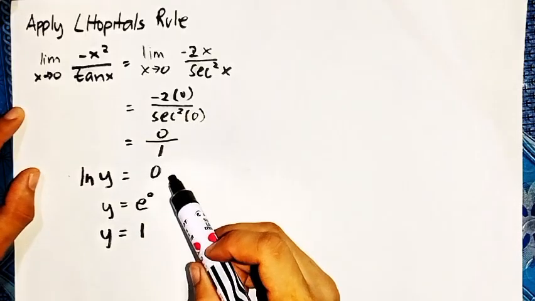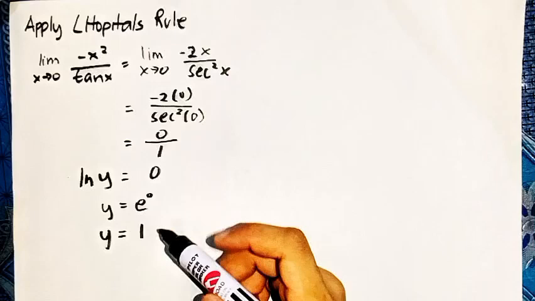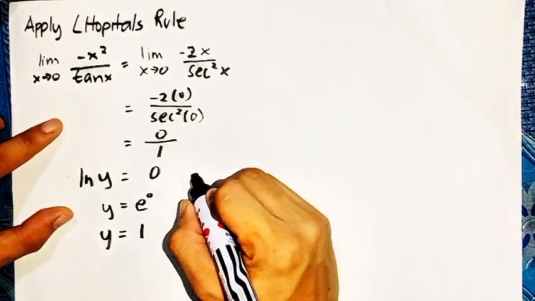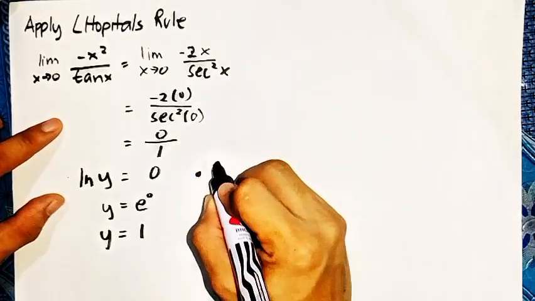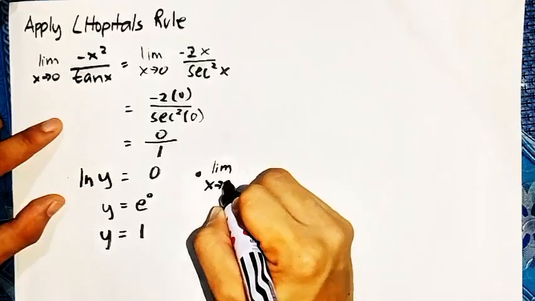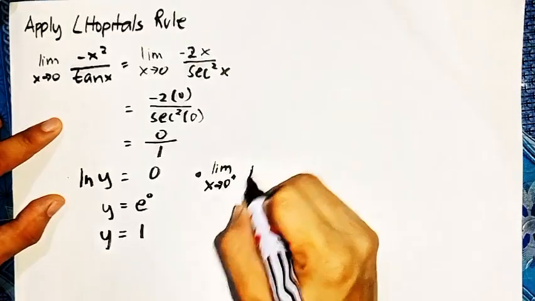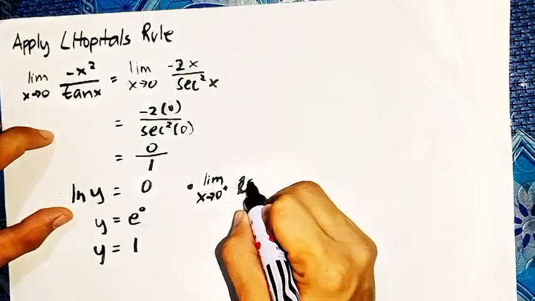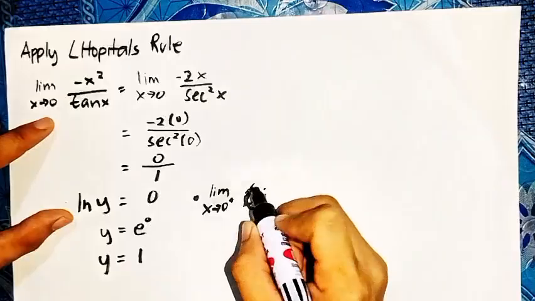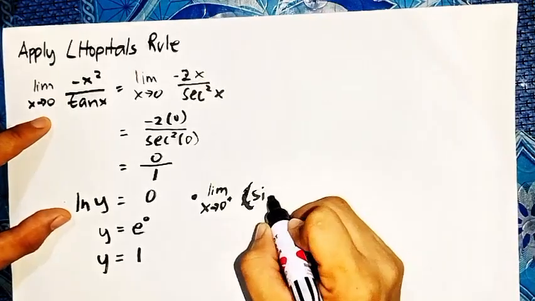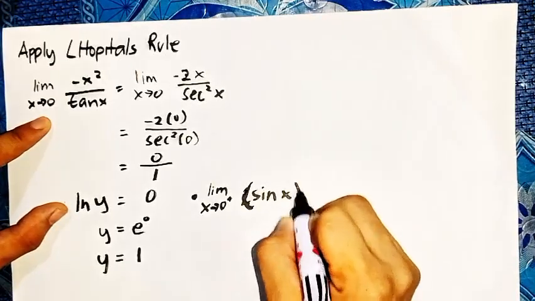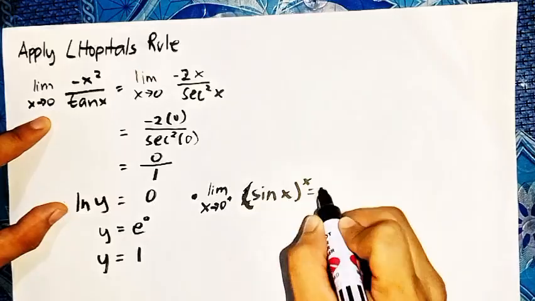Since ln y is equal to 0 and y is equal to 1, we obtain the limit as x approaches 0, sorry for that, of sine x to the power of x is equal to 1.